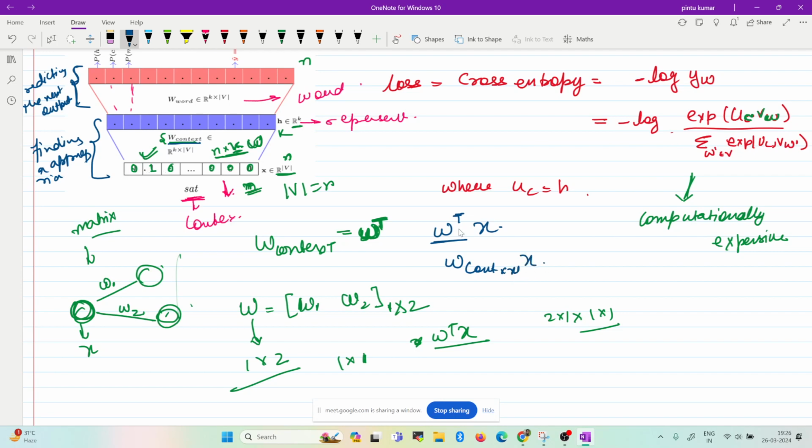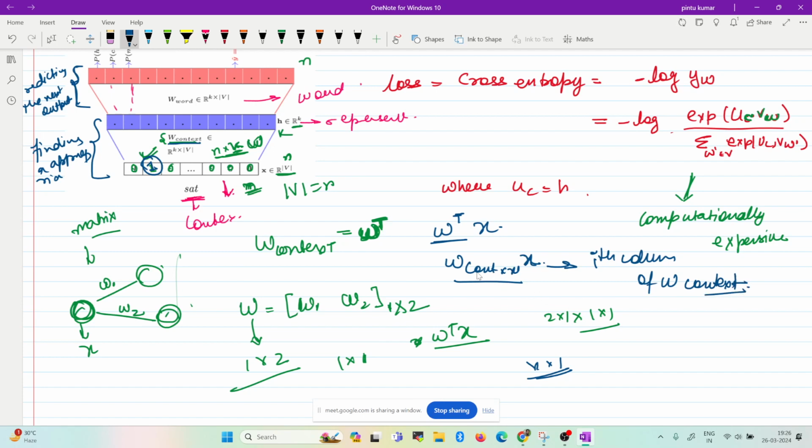Now, x would be in the form of a column, n cross 1. Only one of the entries in your n cross 1 matrix is non-zero, and that is equal to 1. So the output of W context into x would be just the ith column of W context.